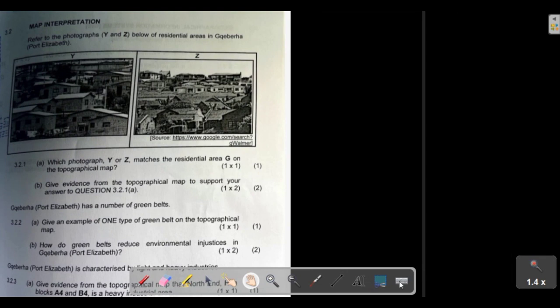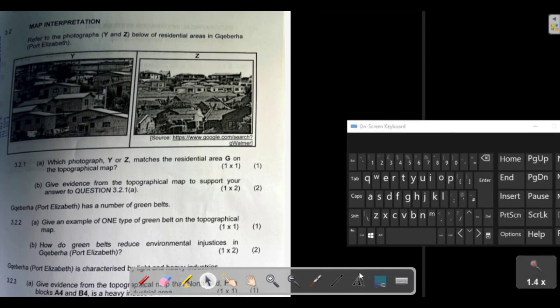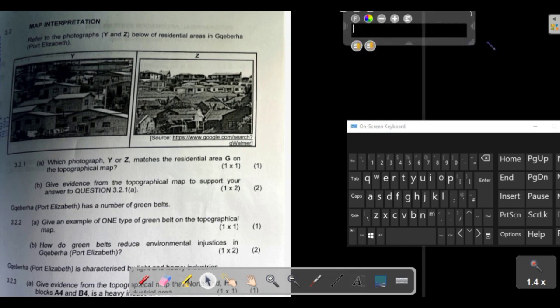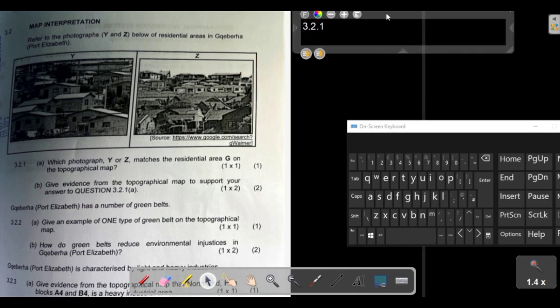So this is the map interpretation part. This is 3.2 map interpretation, guys. So we are applying what we've been learning, the economic and settlement geography, on mapwork.